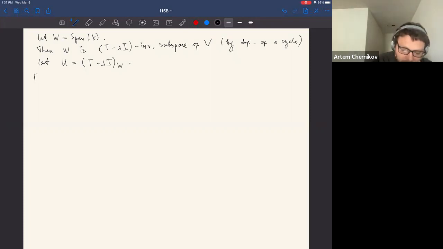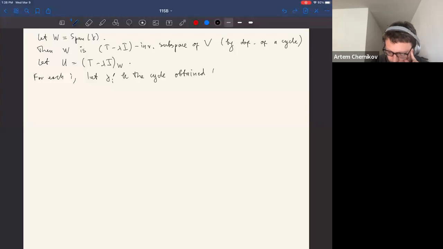Now, for each i, we let gamma i prime be the cycle obtained from gamma i by deleting the nth vector.